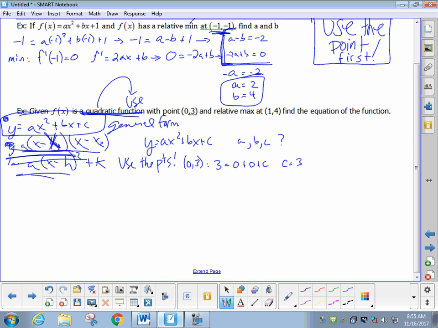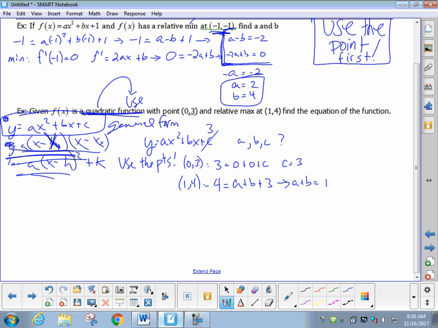And I can actually go back and put 3 in c's place, and now it's starting to be a little more like that previous one. I really only have 2 unknowns on this, right? If I use (1, 4), that implies that 4 equals a plus b plus 3, or that a plus b is 1. All right, now we're getting somewhere. Okay, we've found c, and we have a relationship between a and b.